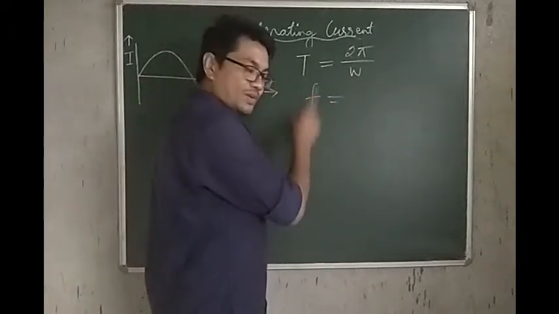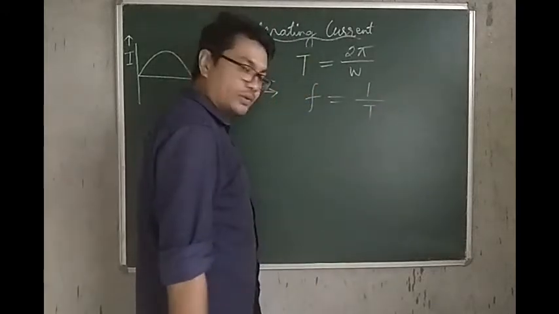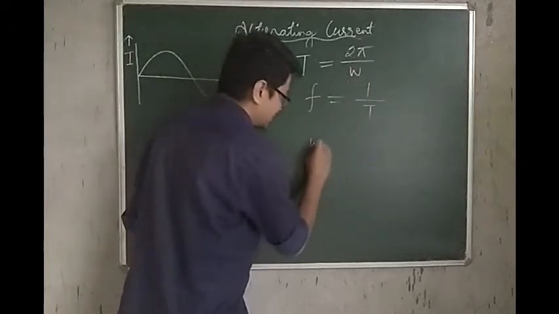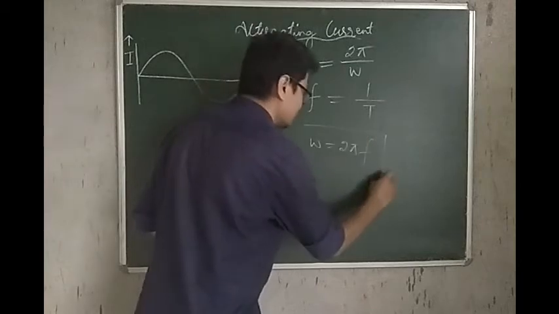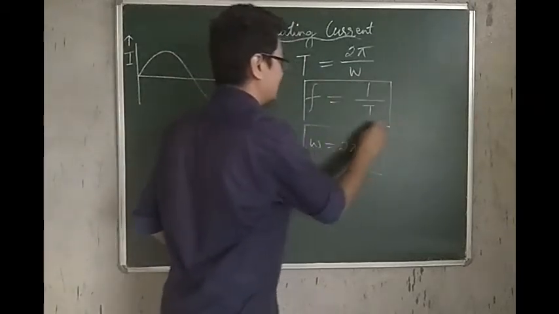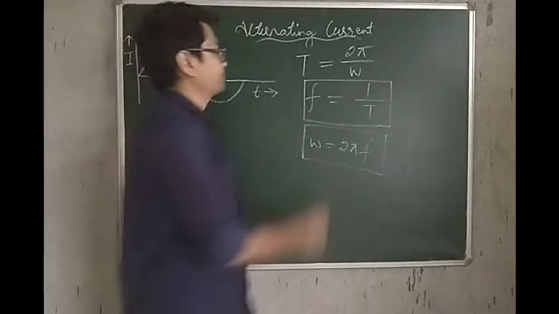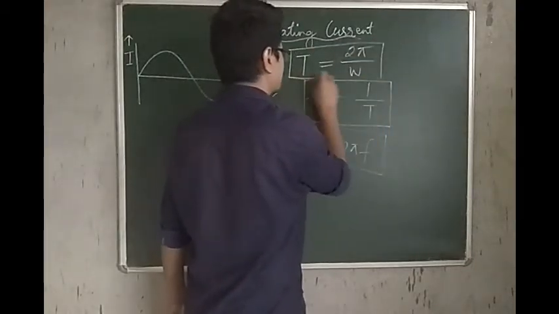The relation between frequency and time period is that frequency is 1 upon the time period. The relation between frequency and angular frequency is omega equals 2 pi f. So do remember these simple relations. You've learned this while learning simple harmonic motion in class 11 also.